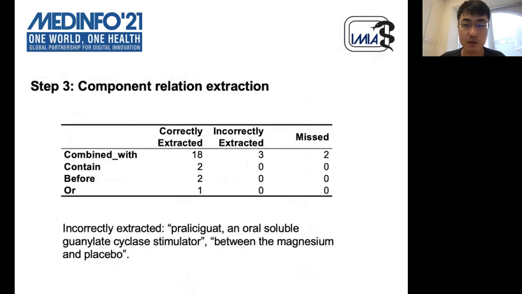And lastly, for the component relation extraction, only the combined with relation contains incorrectly extracted and missed cases. The incorrectly extracted cases are either because one entity is an explanation of the other one, or the treatment entities within an intervention snippet belong to different arms instead of a complex intervention.